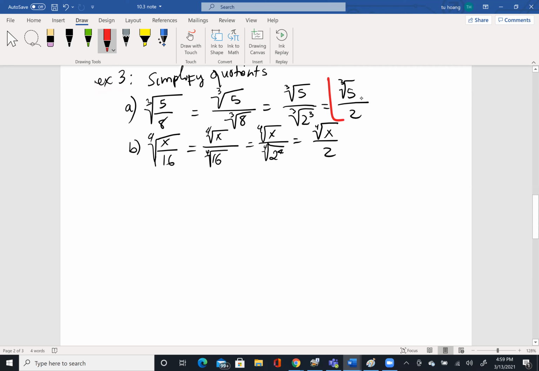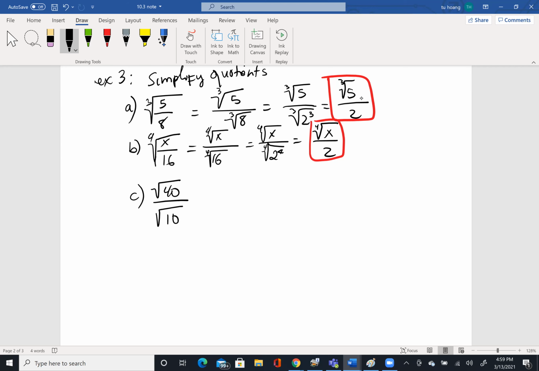Okay, circle the answer. So C, you have square root of 40 divided by square root of 10. All right, can you do square root of 40?